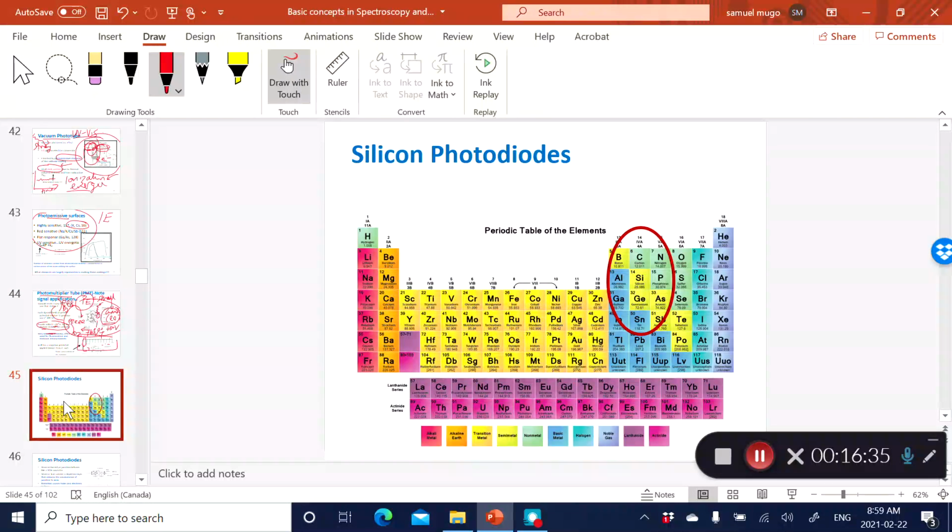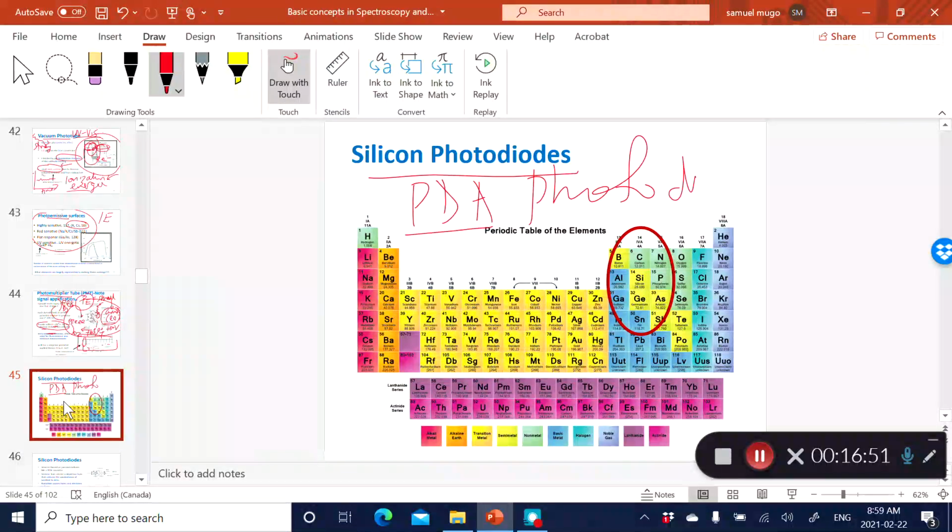So the other type of UV-Vis detector is what you refer to as the silicon photodiode. I think you've heard us talk about PDA, or photodiode array. It's a type of detector.